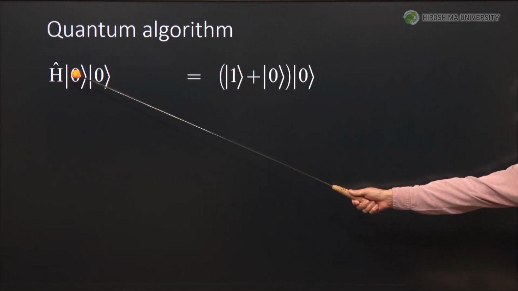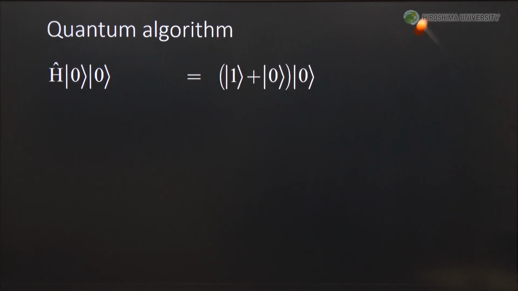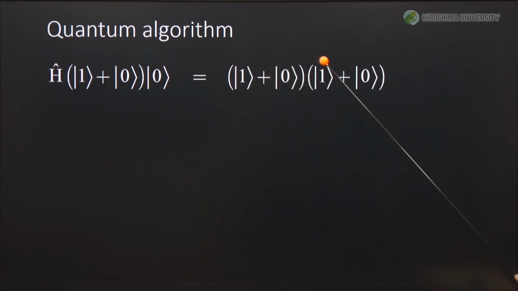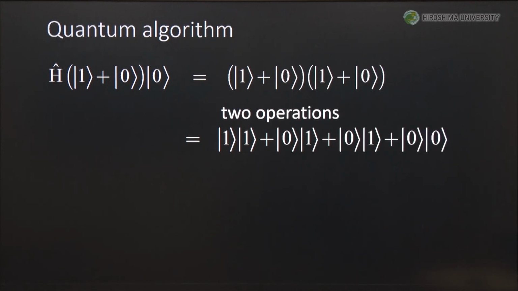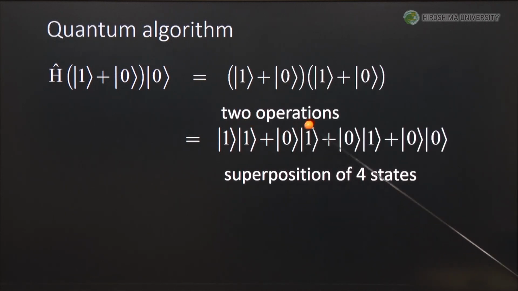This first bit is changed to a superposition of 1 and 0. Then apply another operation to this second bit, going to 1 and 0. That results in this superposition of the whole state.